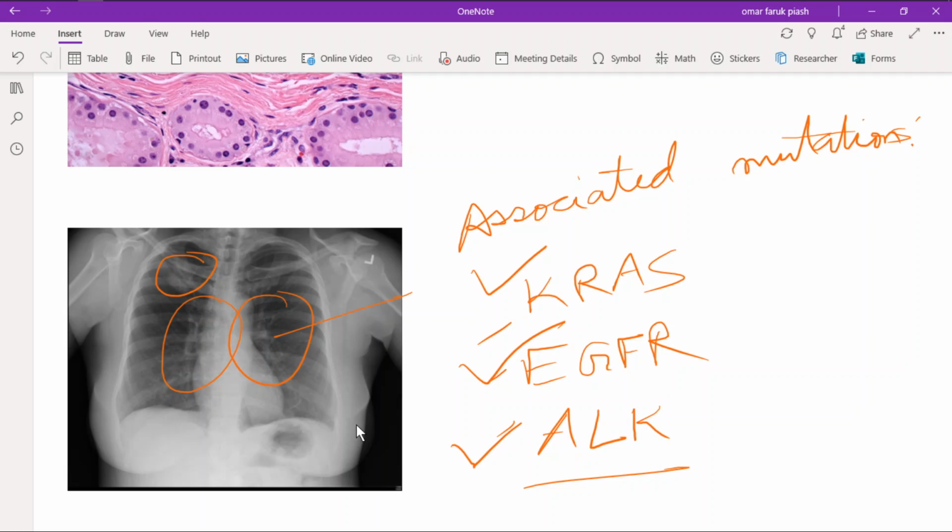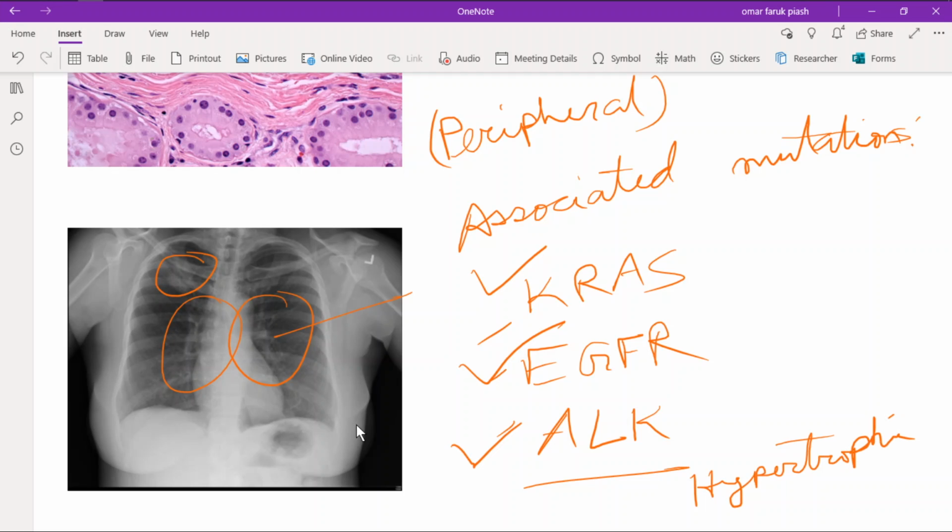The associated mutations are KRAS, EGFR and ALK. This adenocarcinoma usually happens peripherally, not centrally like small cell and squamous cell carcinoma. The location is peripheral, and there is presence of hypertrophic osteoarthropathy.